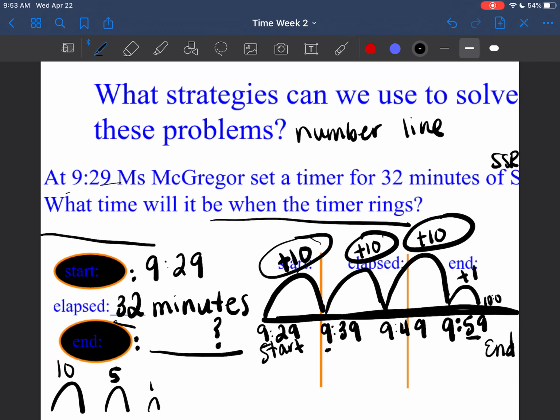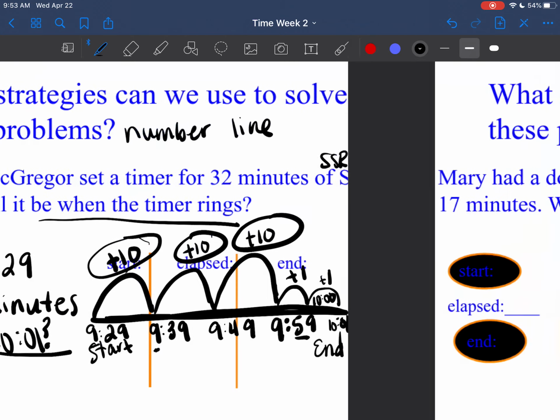We've now hit that next hour. Think about it on a clock. When your minute hand is at 59 minutes, it moves 1 more minute and that minute hand is now directly on the 12. So that means a new hour. We're going to jump 1 more minute and it is now 10:01. So my time is 10:01.